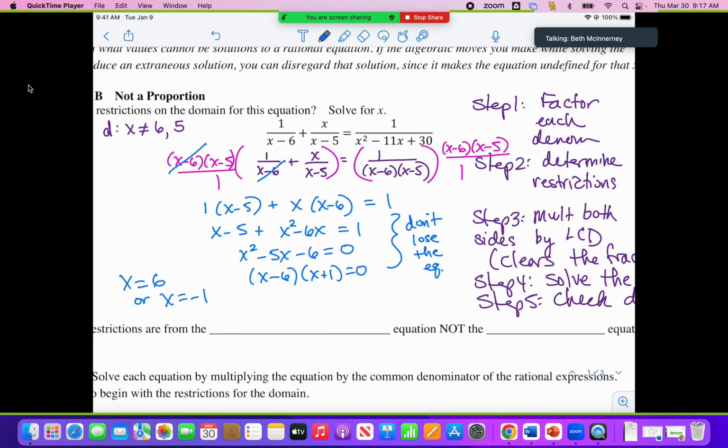I would be dividing by 0, right? You would be dividing by 0, and that's undefined. So what's going to happen is I have to cross out x equals 6, and I only get x equals negative 1. The restrictions are from the original equation, not the simplified equation.